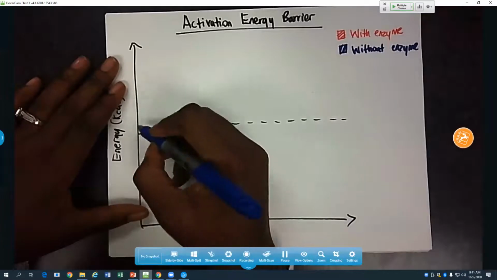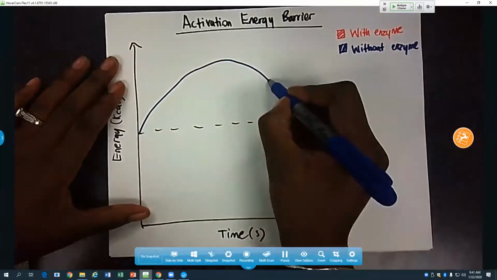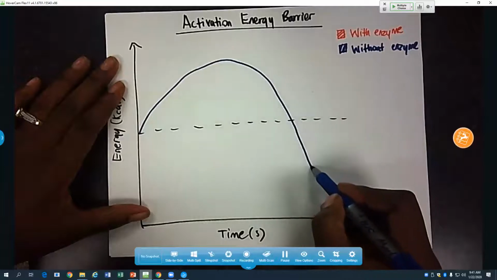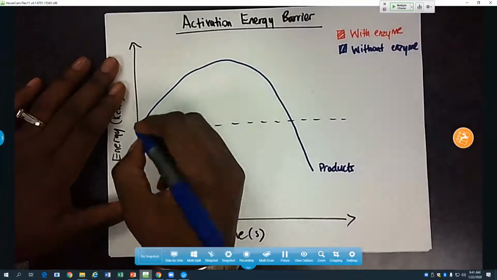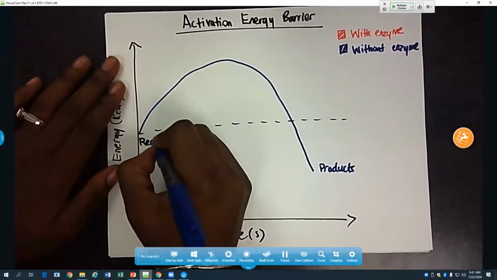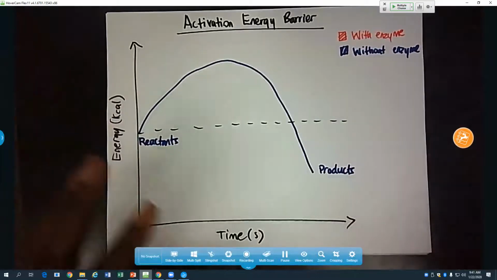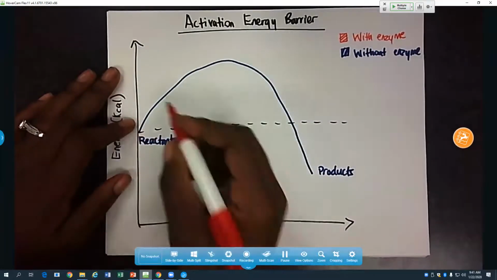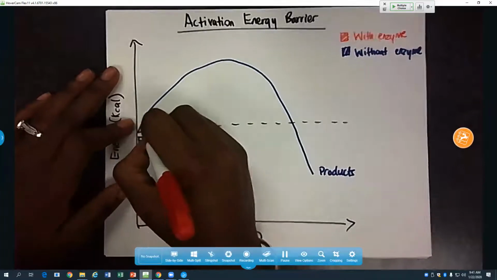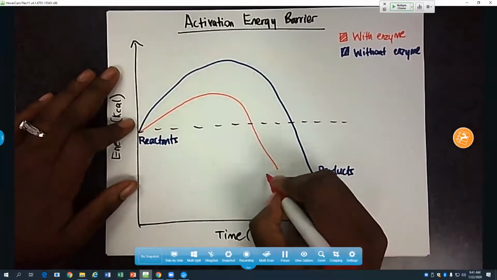So without the enzyme, the reaction proceeds, it takes this amount of time, that amount of energy, and then we get to products. So on this side, we started with reactants, okay, or substrates. Now with the enzyme present, again, we're starting with reactants or substrates, and then we need less energy, and we take much less time to get to products.